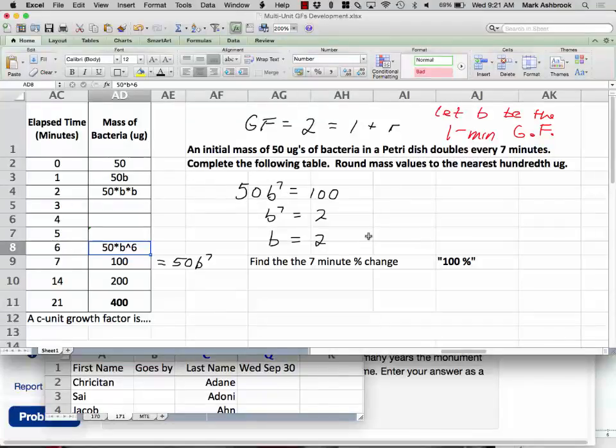And how do we solve for B? You're going to take the 7th root of both sides, both sides to the 1/7. So this is what the value of B is. And someone got a value for it? 1.104.